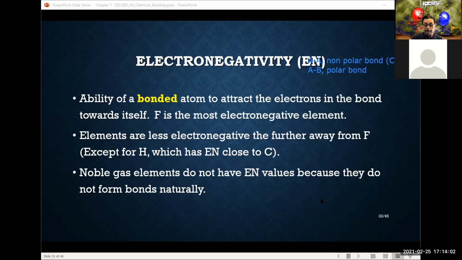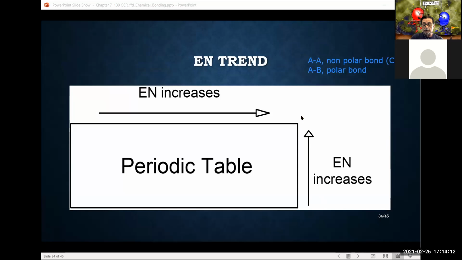Obviously, noble gases do not have any EN values. They do not form bonds. Remember that our benchmark was fluorine. Fluorine is on the top right corner of the periodic table. Fluorine is the most electronegative element that we have.